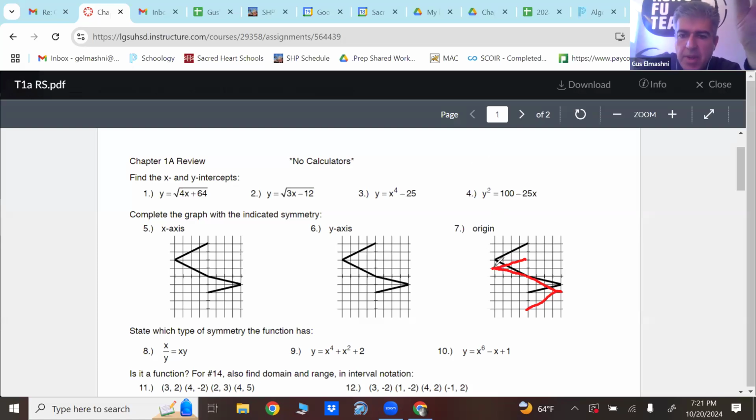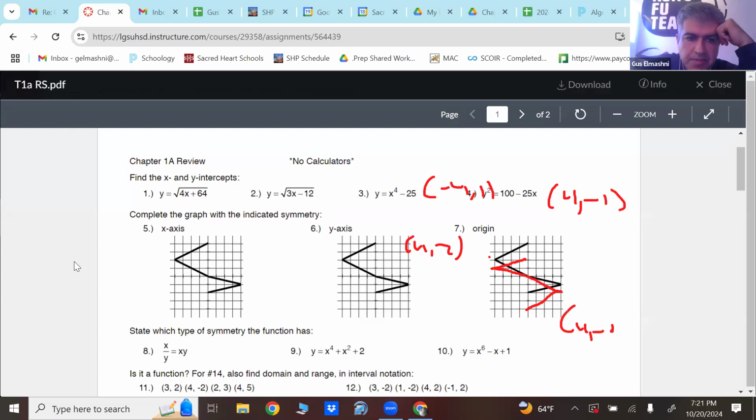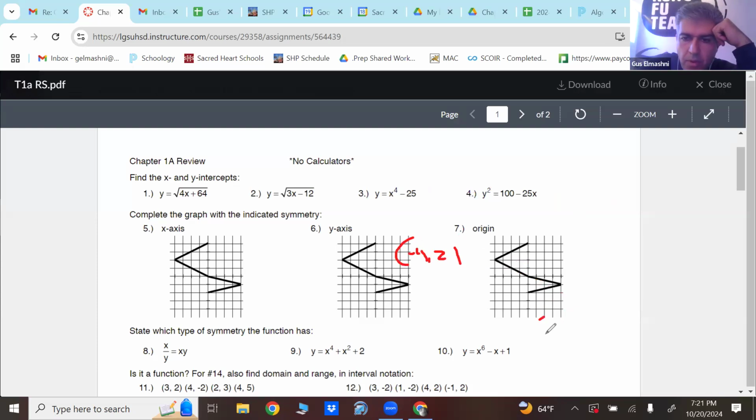Because notice, I had a point at 4, -1. Now I have a point at -4, 1. And here I had a point at -4, 2. Now a point at 4, -2.